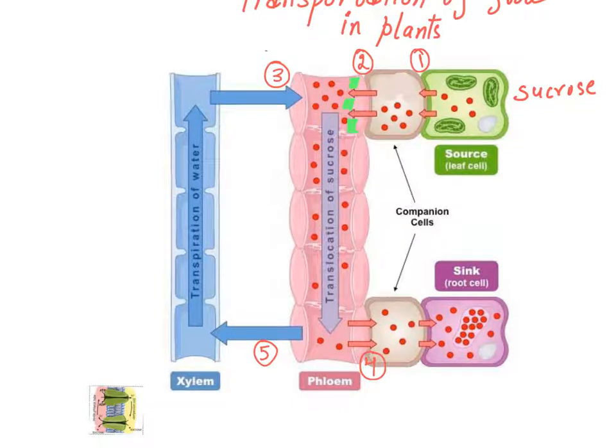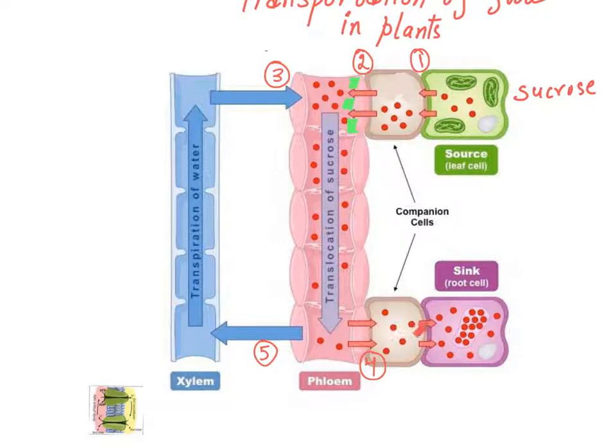Here in this diagram, it is shown in the downward direction. So food will move down, and when it reaches the root cell, it is also known as the sink. When the food dissolved in water reaches the root cell, it enters into the companion cell here, right?